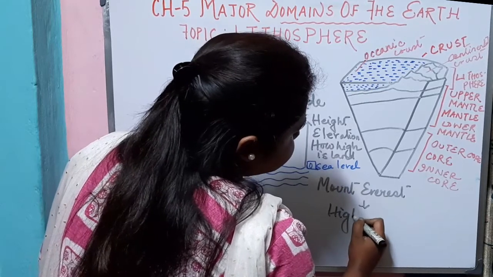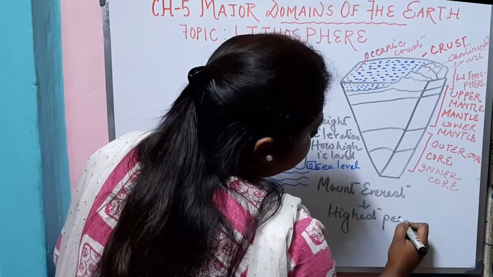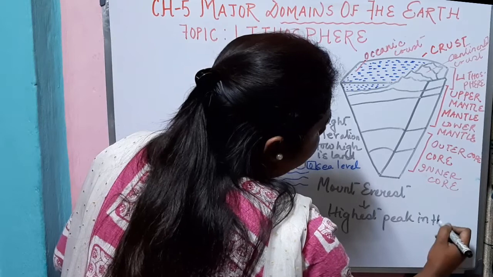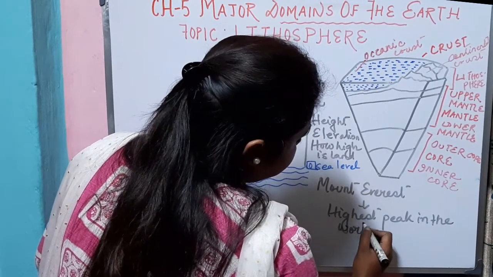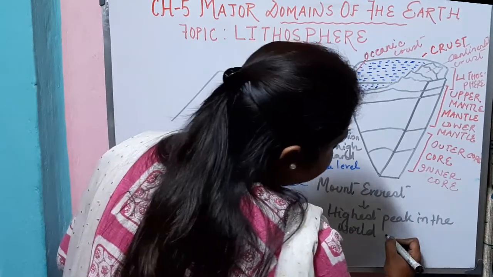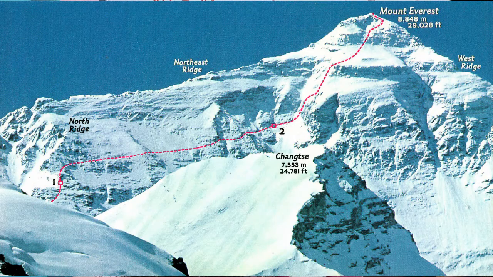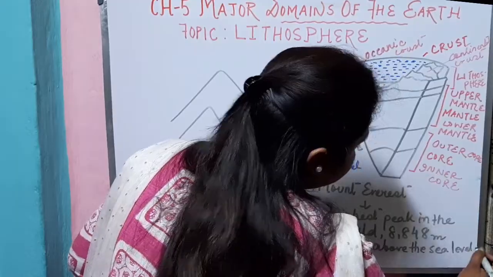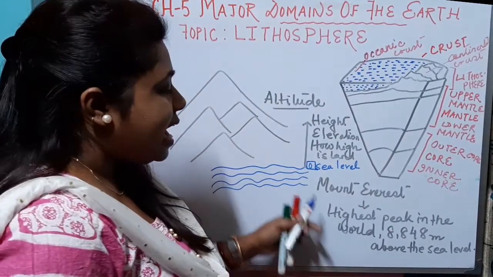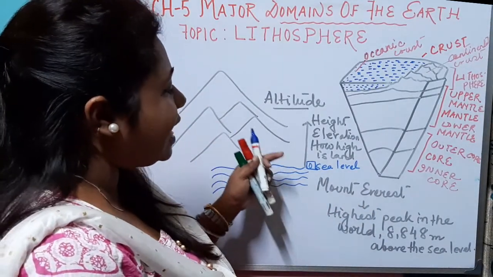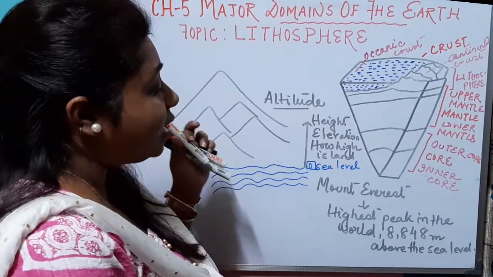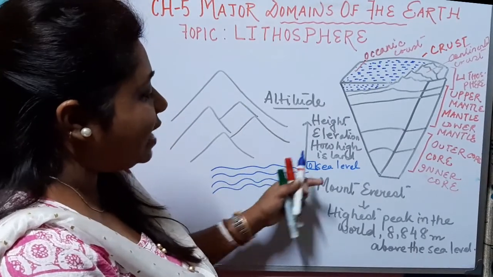This is the highest peak in the world, and the height of Mount Everest is 8,848 meters above the sea level. So now you can well understand why sea level is taken as the base, so that we can understand how high the land is.